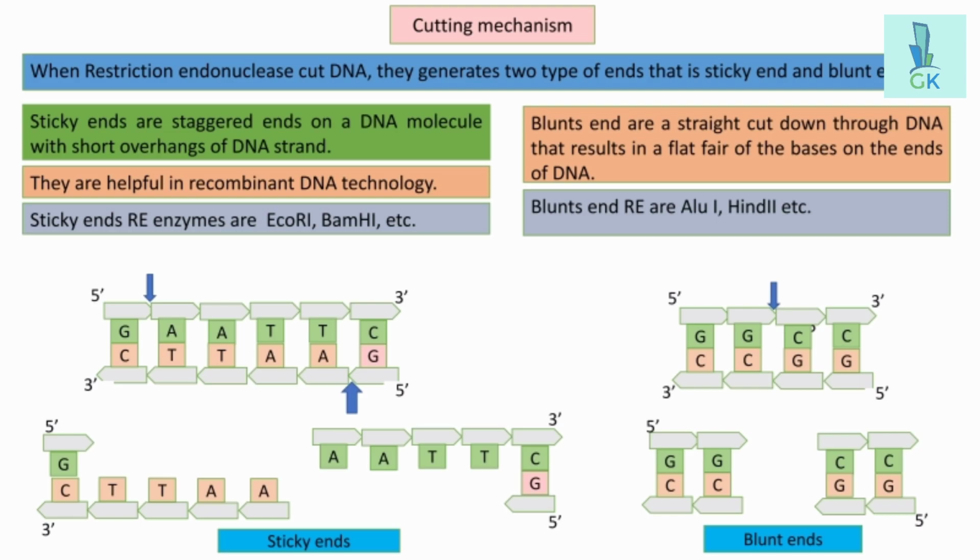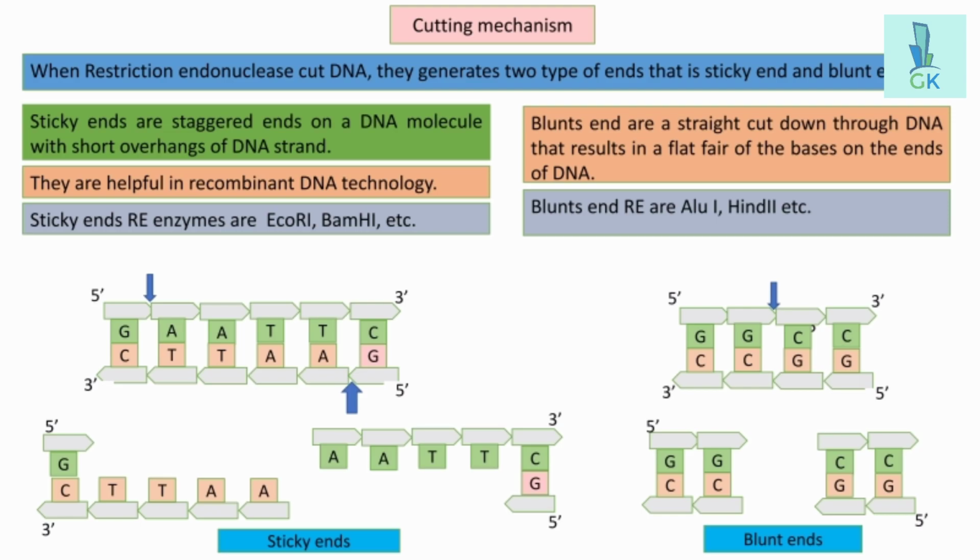The cutting mechanism differs for different restriction endonucleases. Some endonucleases generate sticky ends and some generate blunt ends. Sticky ends are those that always have an overhanging DNA strand.